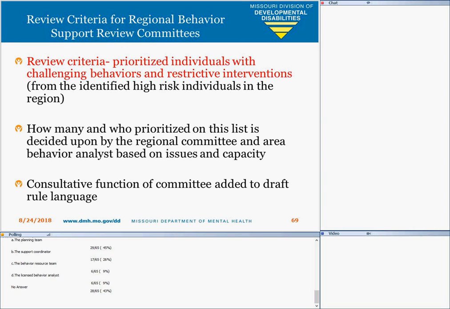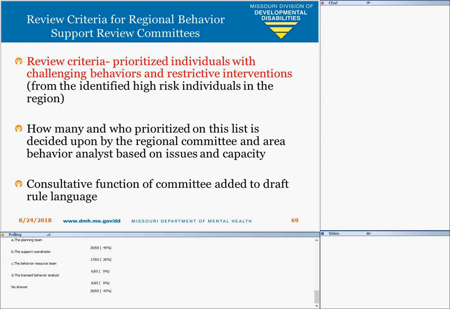At this point in time, it's by invitation, which means that you can participate if you're invited. However, at the point in time where the rule is no longer a draft rule and it is promulgated and becomes law, that invitation is going to be mandatory for individuals who meet certain criteria. So that's something to pay attention to now.